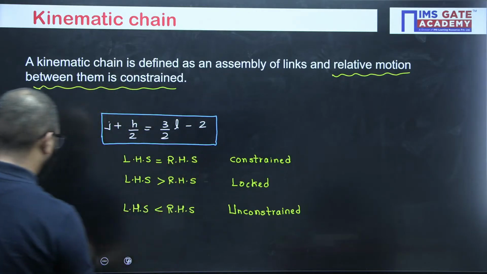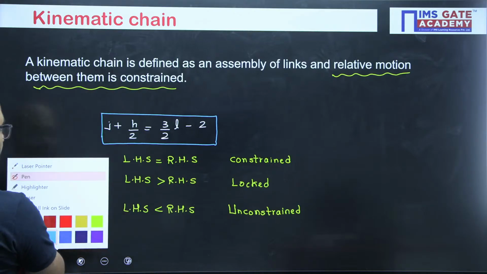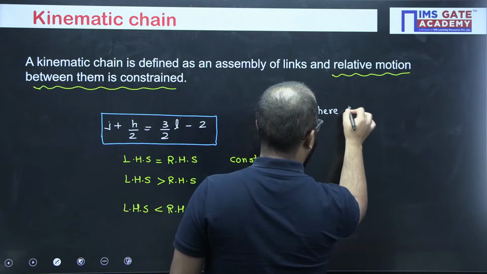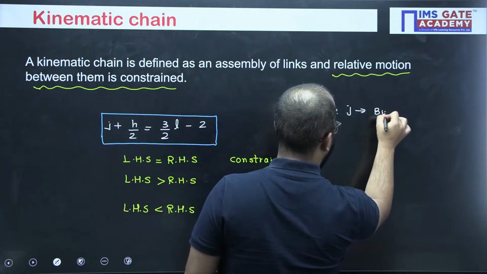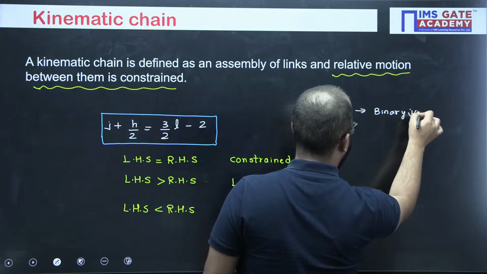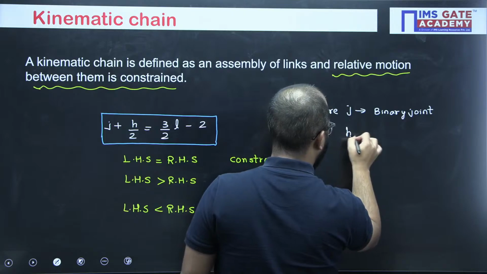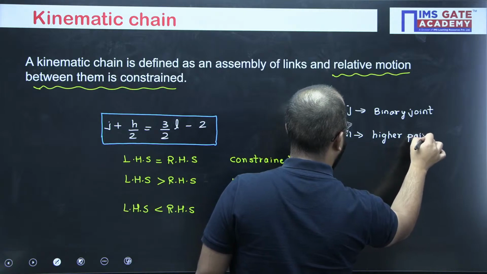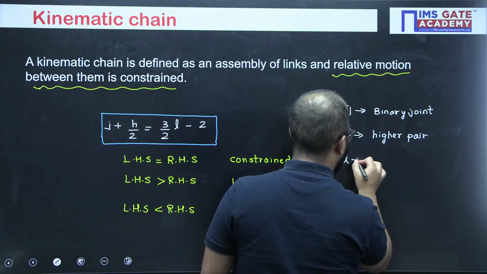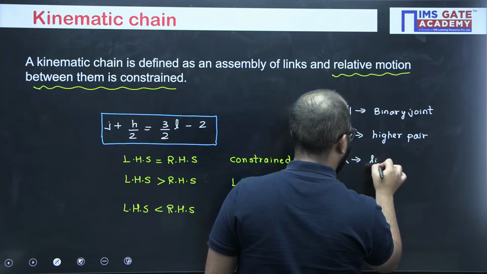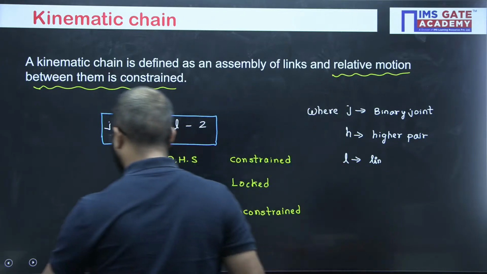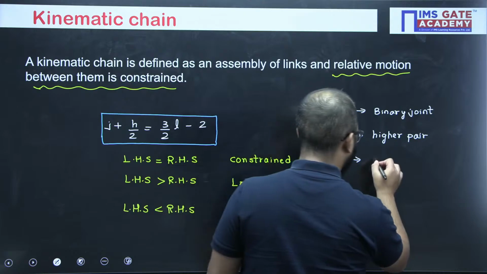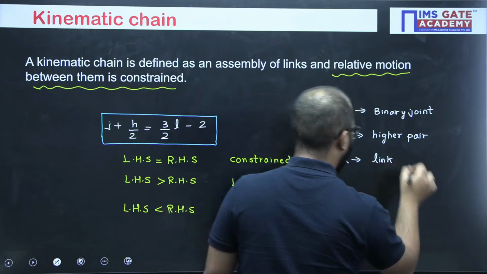Now the question will be, sir, what is J, what is H, what is L? J is the number of binary joints, H is the number of higher pairs, and L is the number of links.